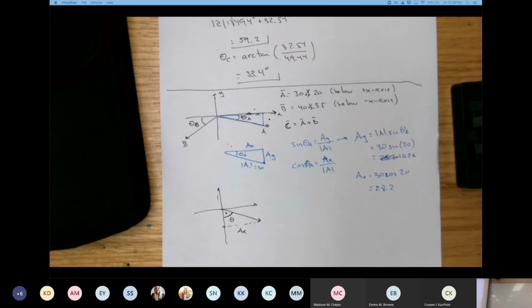Okay. Anyone? Kayla, do you have the components for B?